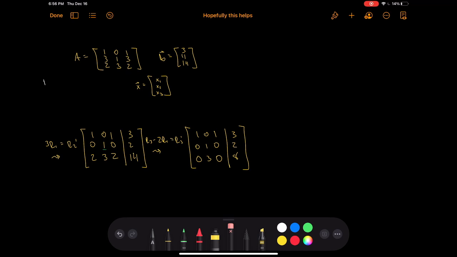What we can do now is subtract. Okay, before we do that, some of us may already see it, but we can see something interesting happening between row 2 and row 3. And so what we're going to do is take row 3 and subtract it by 3 times row 2.